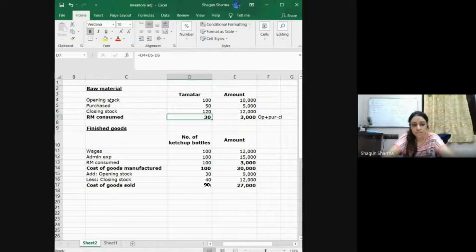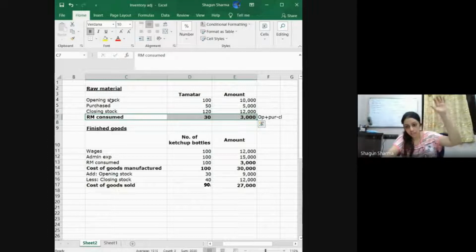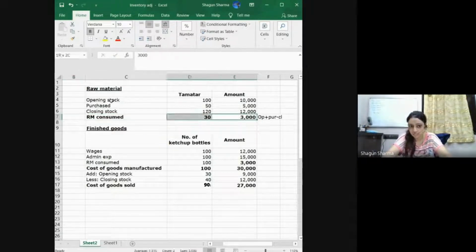So this is the figure that is important to us. This year, what was the expense of tomatoes for me? It was the expense of 30 tomatoes, which was 3,000 rupees. So when I do the costing for my ketchup bottles manufactured during the period, the raw material cost is this cost of the tomatoes that I used.